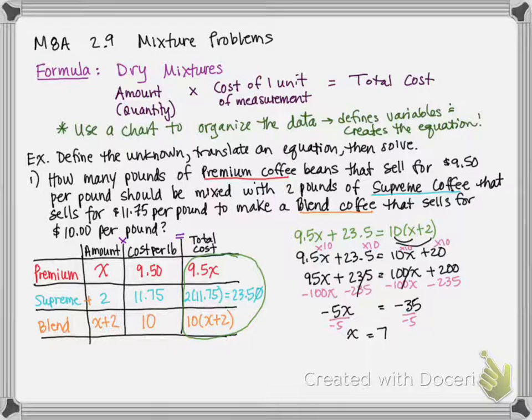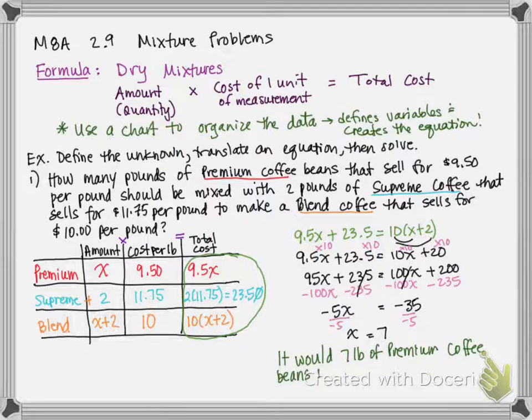So then I'm going to write my final answer. It would take 7 pounds of premium coffee beans. Oh, yep, beans. Almost thought I was going to do 2 E's.